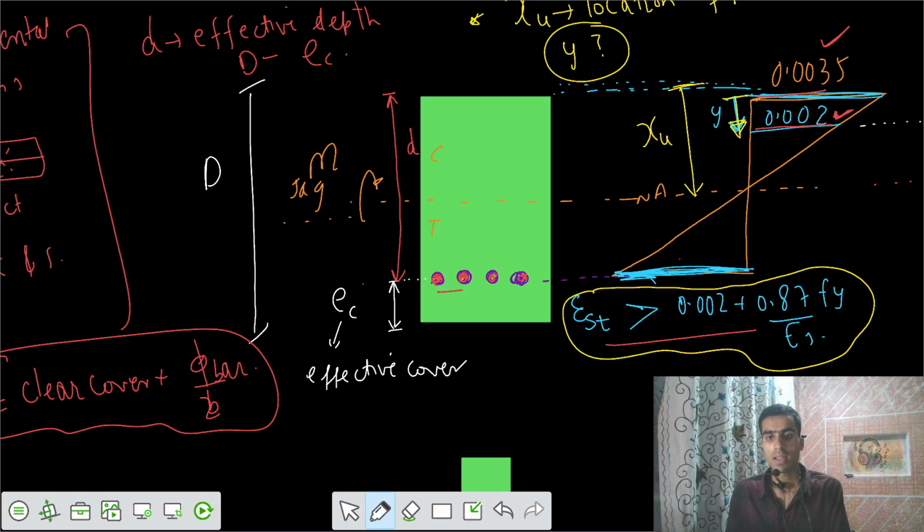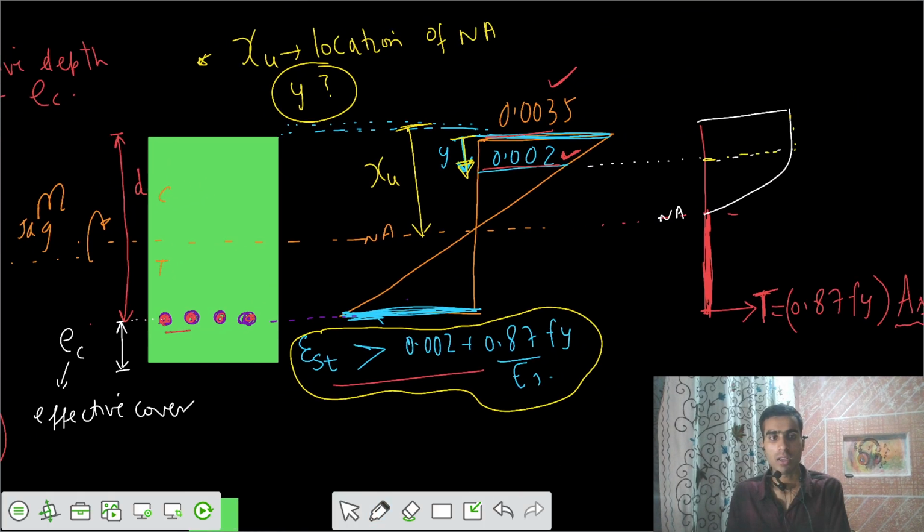So in the analysis, we are going to take only that part of effective depth. So this depth up to the level of the steel bars is equal to small d. That's actually effective depth.